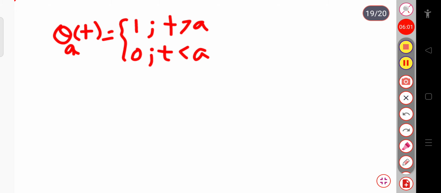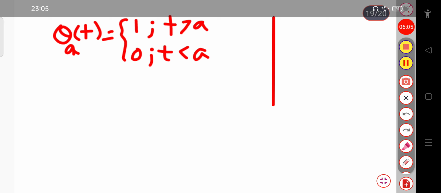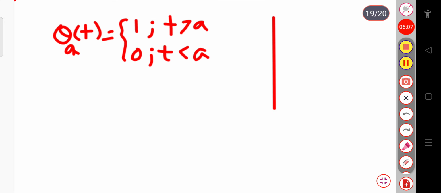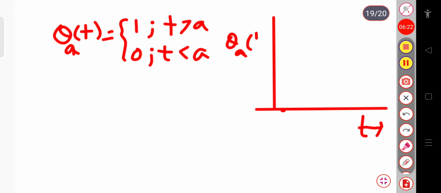If I plot this in a graph, this is suppose theta a of t, this line, and here I will draw the time axis. Okay, with respect to the t, here I will write, this is the t axis, and this one is the theta a of t axis. Okay, suppose this point is t equal to a.